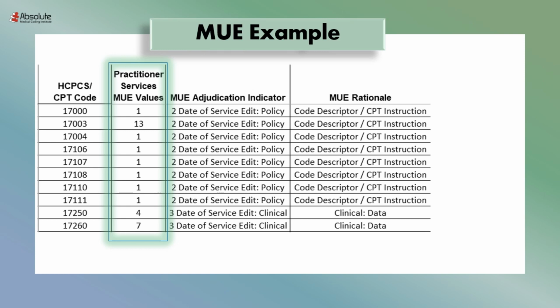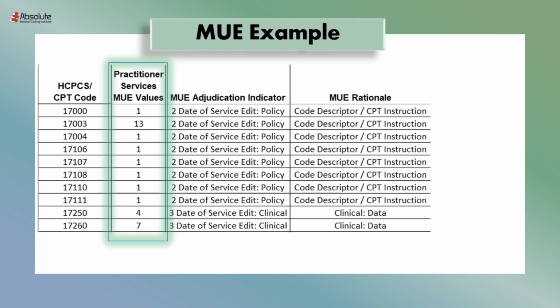Then you have your MUE adjudication indicator, also referred to as the MAI. And this is basically indicating the type of MUE and its basis. And the MAI is assigned to CPT or HCPCS codes to determine how the claim will process and or deny.